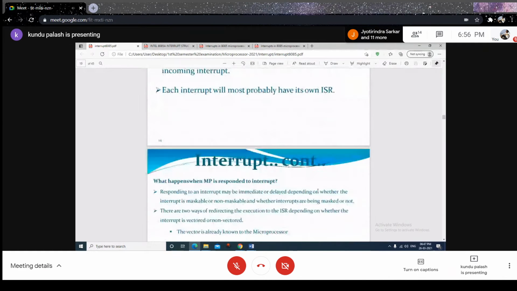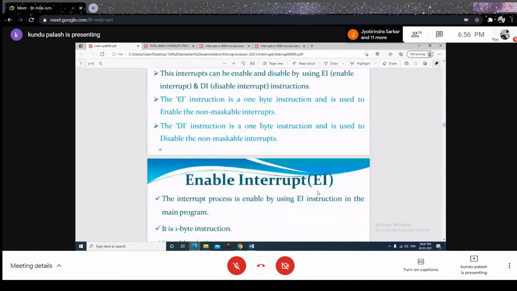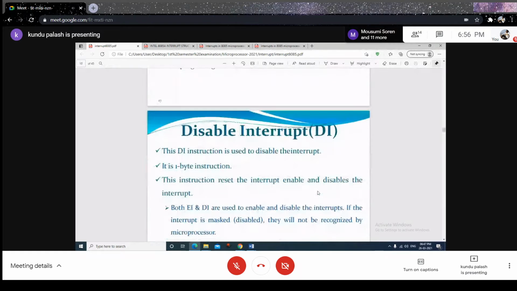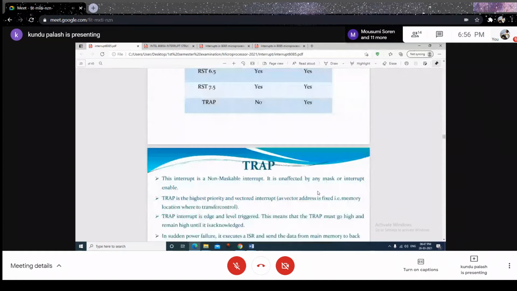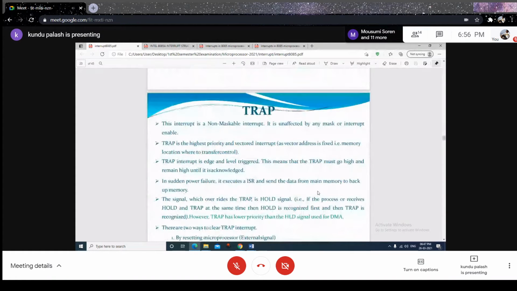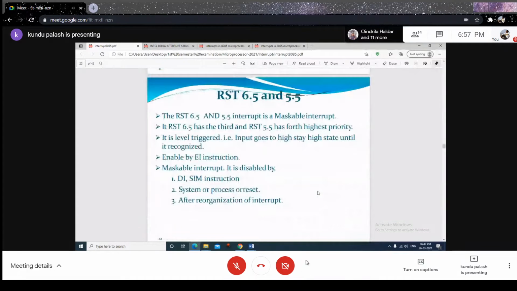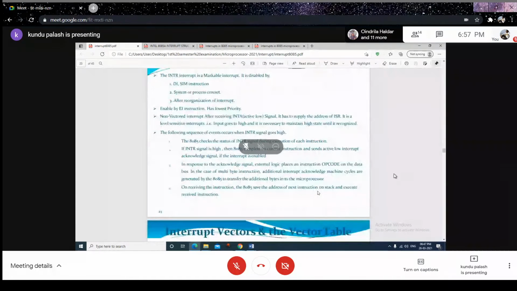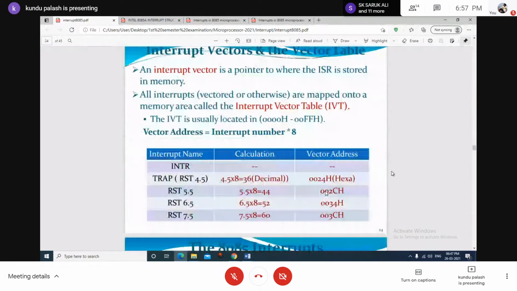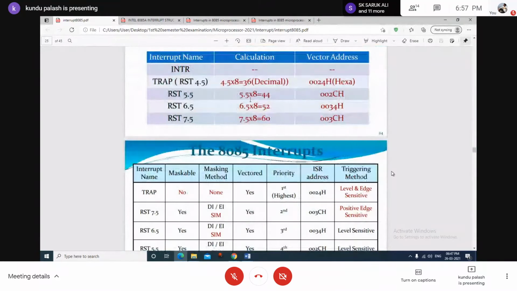What is meant by masking? First of all, this is the formula already described for the different vector hardware interrupts. The starting address for the ISR is given by 24 for TRAP, 2C, 34, 3C.